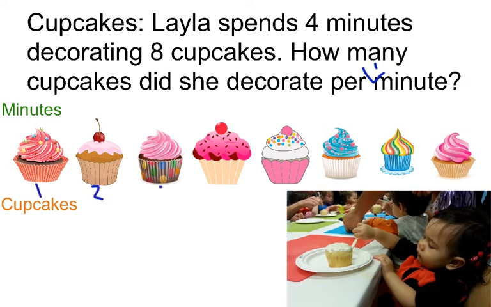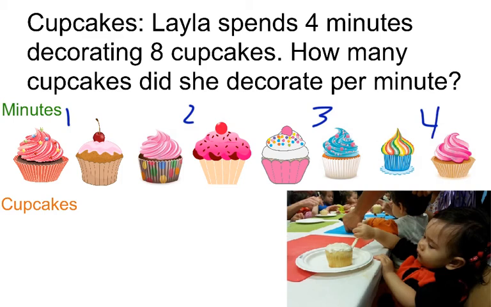1, 2, 3, 4, 5, 6, 7, 8 total. And I know she spent 4 minutes. Well, I have 1, 2, 3, and 4 minutes.